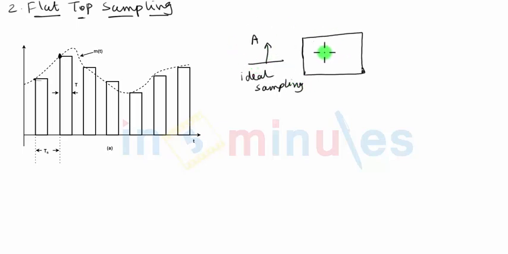We are considering some system with transfer function H of omega. This is the frequency spectrum of the system, or I can also call it H of f. Omega will be in radians per second, f will be in hertz. And I'm defining this system in such a way that when the input to this system is the ideally sampled signal, the output of the system should be the practically sampled signal.